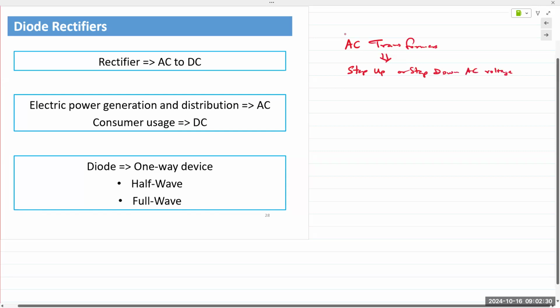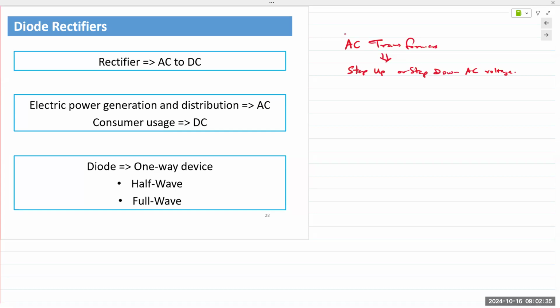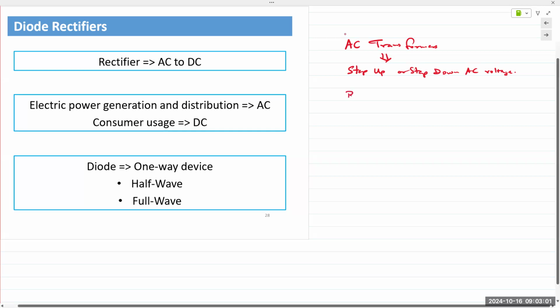Okay, AC power transmission. So when AC power is generated at the power station, it might be a few tens of volts, few hundreds of volts. It is quickly stepped up to thousands of volts. When you want to send your electrical power over long distances, a transmission line, which might be a pure conductor, will have some resistance, because again, resistance is rho L over A, directly proportional to the length of your conductor.